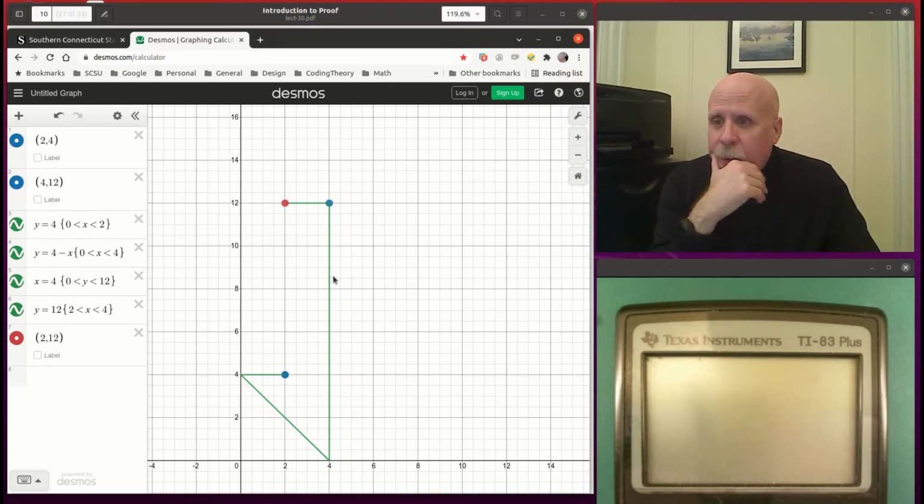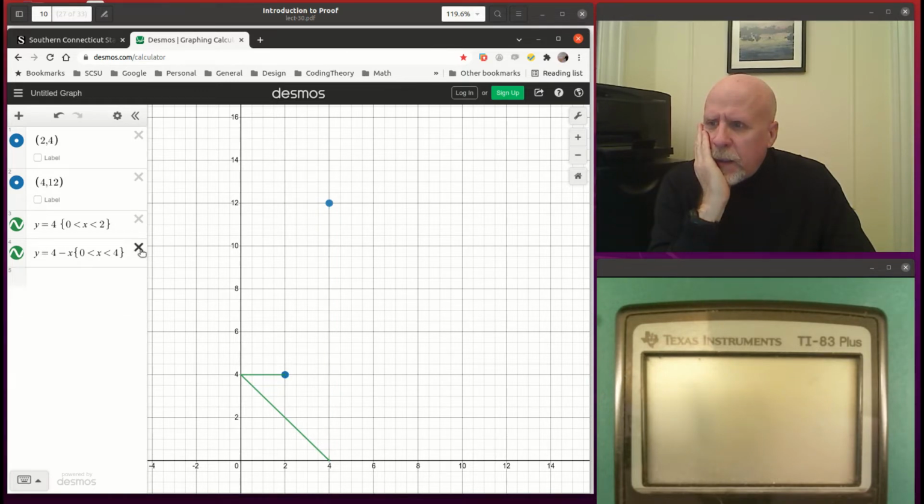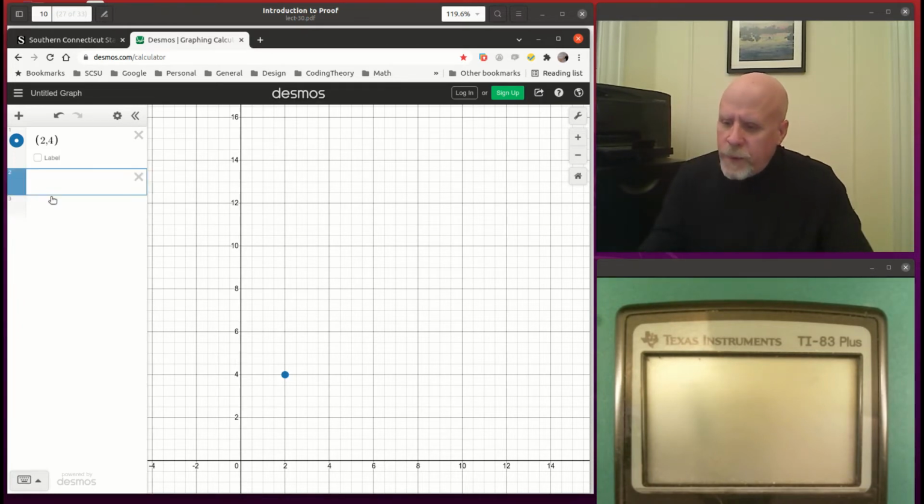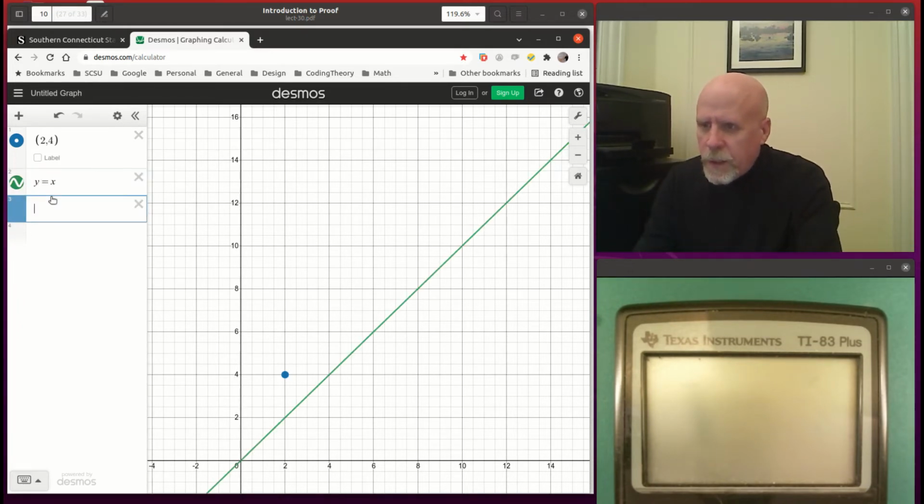All right, I guess I promised I was going to talk about symmetry. Let's just kill all this junk off, except for that one. What does symmetry look like? Well, plot the line y equals x in here.